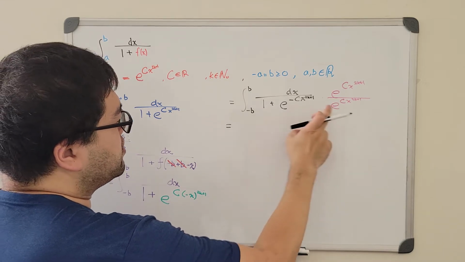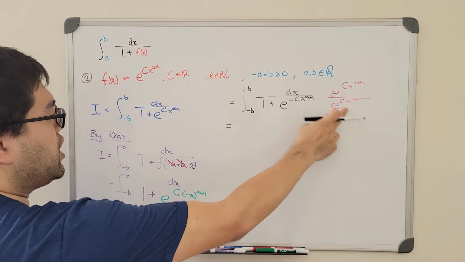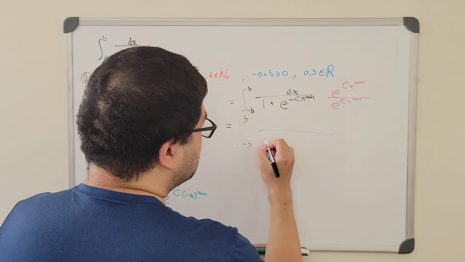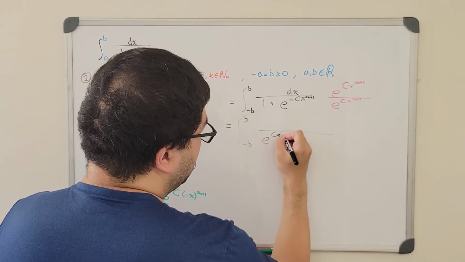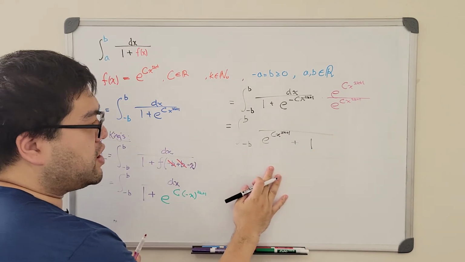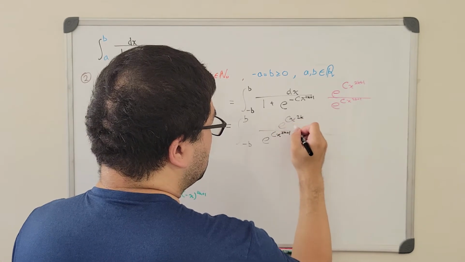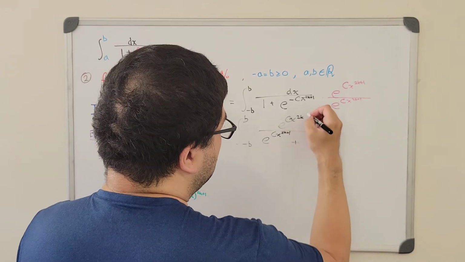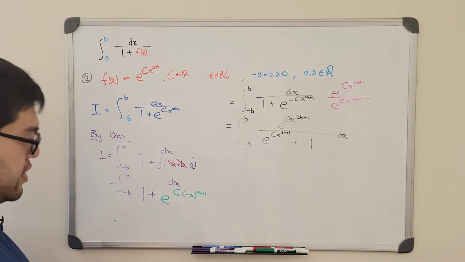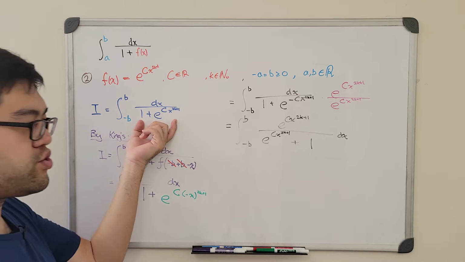Then the first part will turn into whatever we have in the pink. So in fact, we now get e to the cx to the 2k plus 1 power plus 1 in our denominator. And then now we have this part, e to the cx to the 2k plus 1 power, in our numerator. And we now have the denominator that looks the same as whatever we started off.